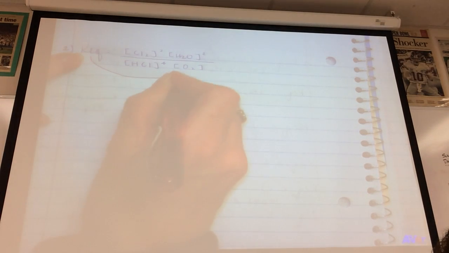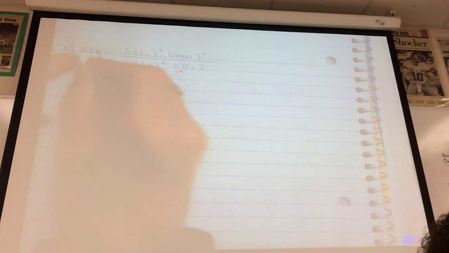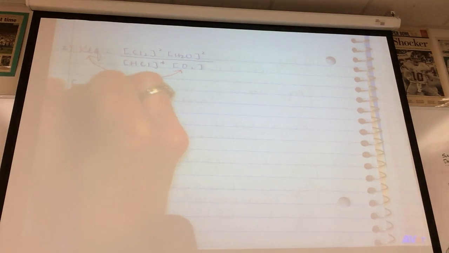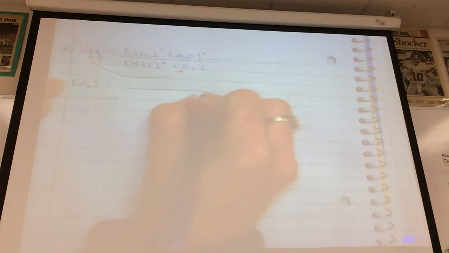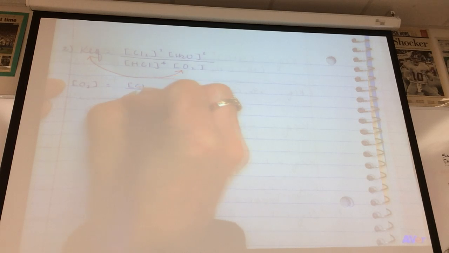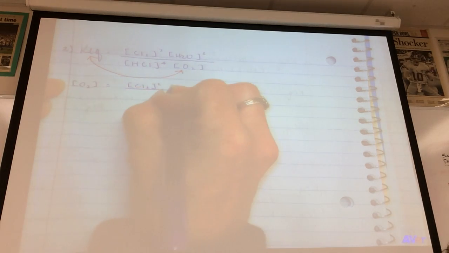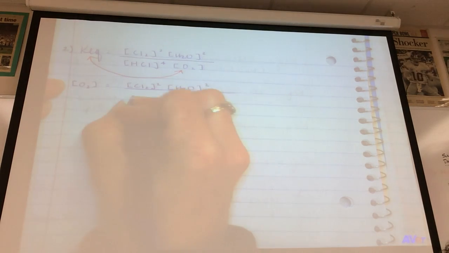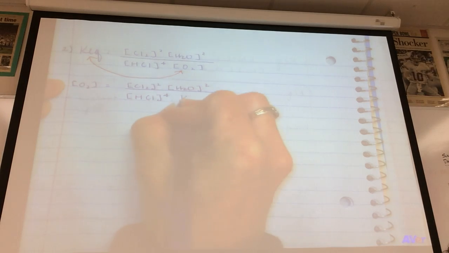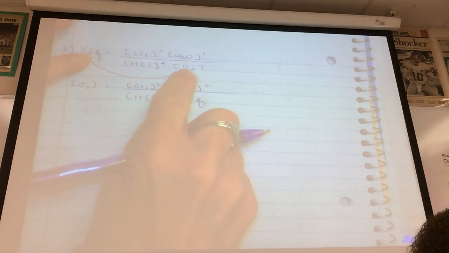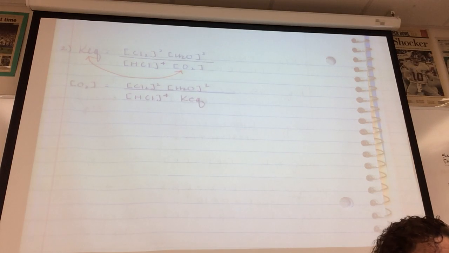But what you will ultimately see, as we have discussed previously, is that you can interchange a numerator on one side of the equation with the denominator on the other side of the equation. So all I've done is interchange KEQ with oxygen.